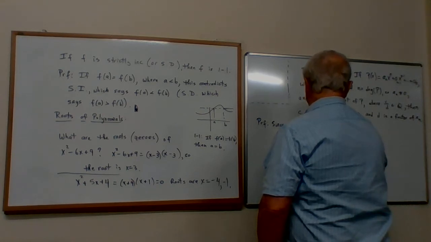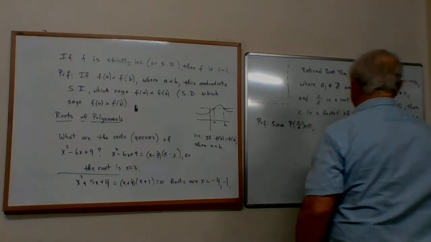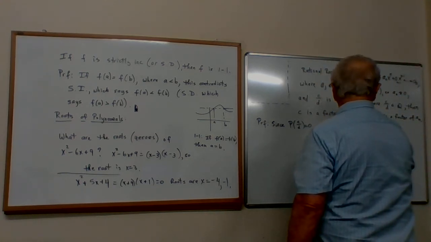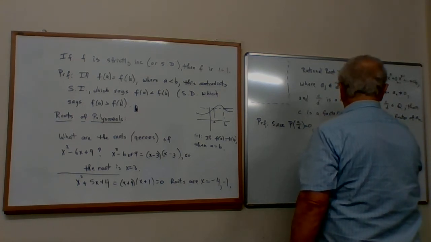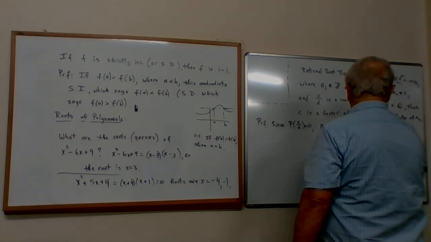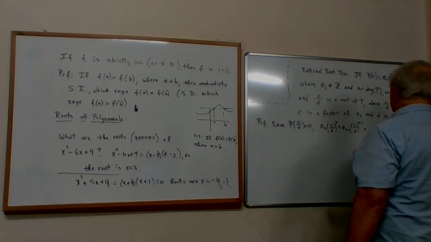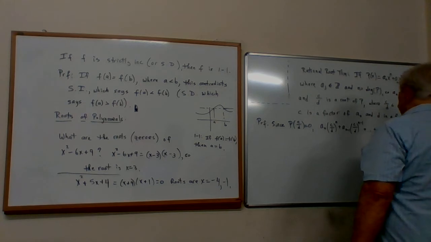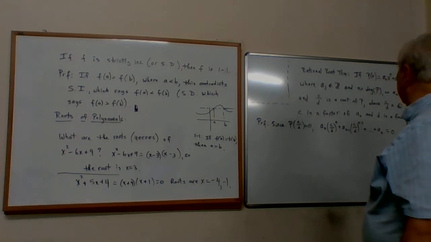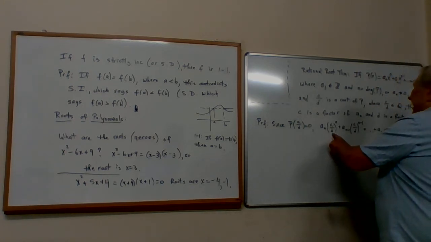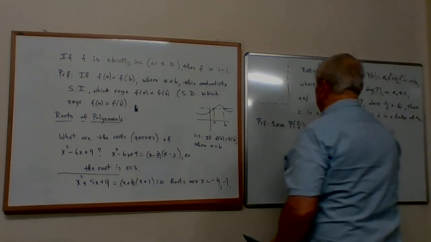Since P evaluated at C over D is 0, let's plug it in and see what that means. A sub n times C over D to the n plus A sub n minus 1 times C over D to the n minus 1, plus and so on, plus A sub 0 equals 0. Now, let's clear the denominator. Multiply through by d to the n, which clears all the denominators, and now there are no fractions.